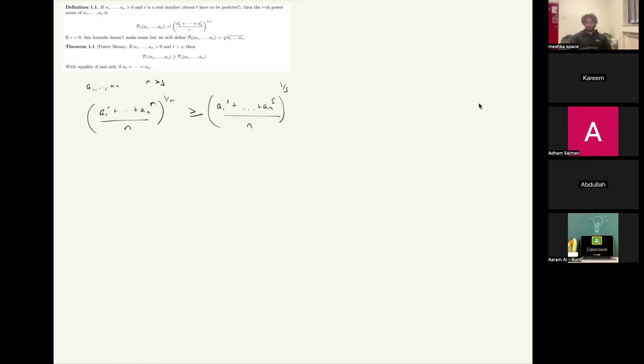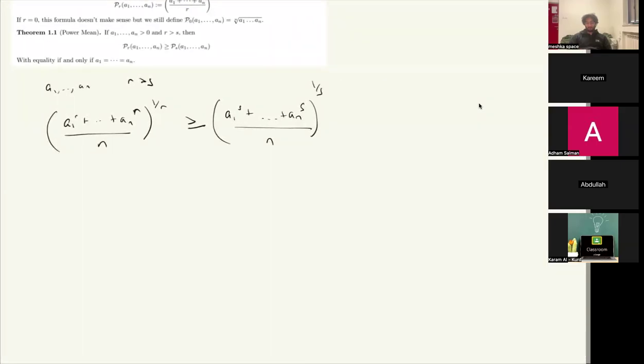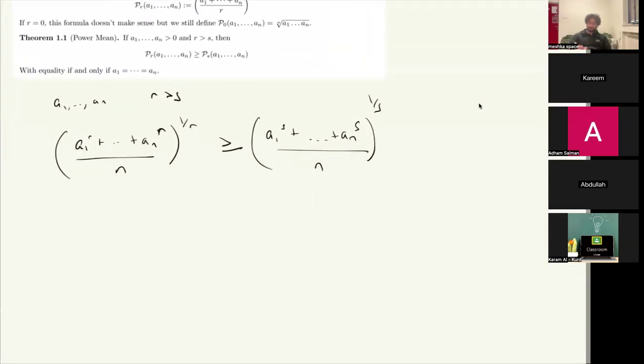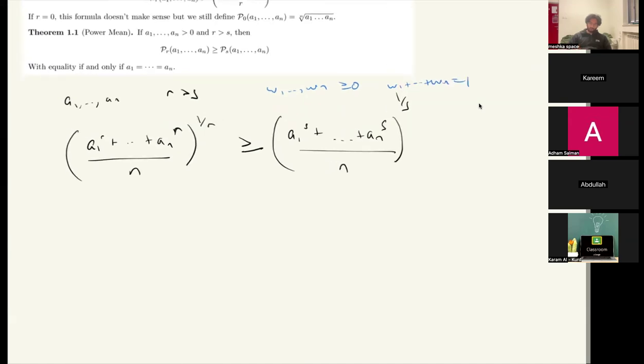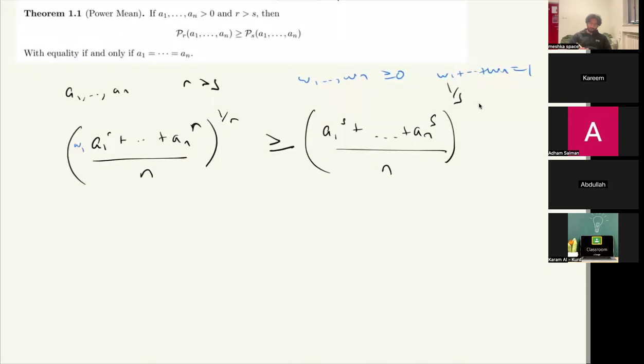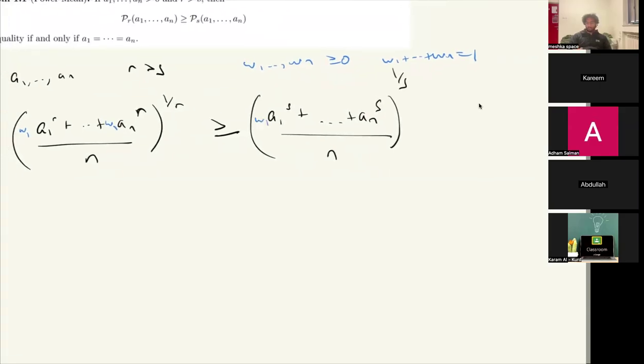Yeah, assuming we have n weights, which sum to 1, W1 plus W2, etc. is equal to 1, it would be W1 A1 to the power of R plus W2 A2 to the power of R, and so on, all to the power of 1 over R. Yeah, great. The weights just go here. And in most applications you'll have to know the weighted version. Okay, so that's that.